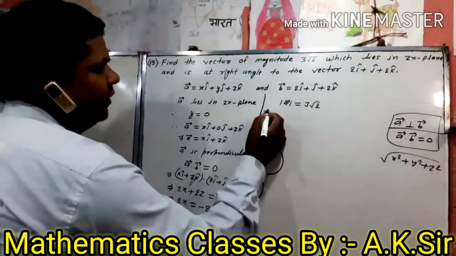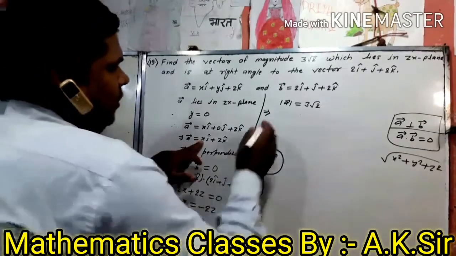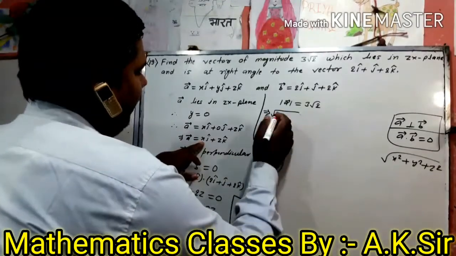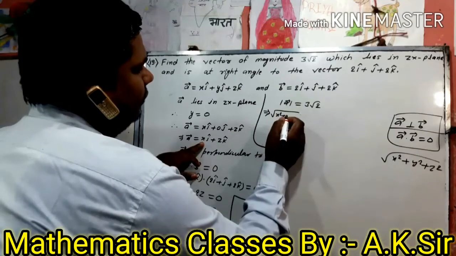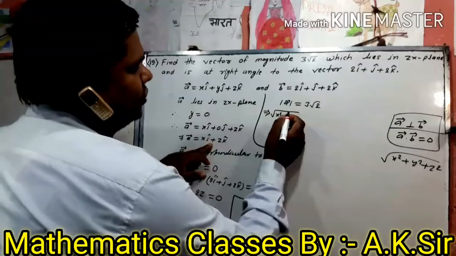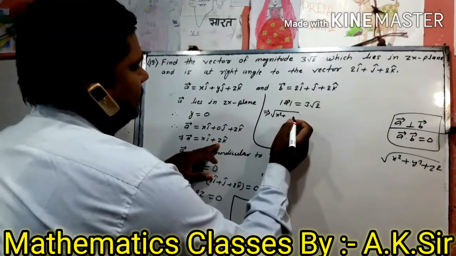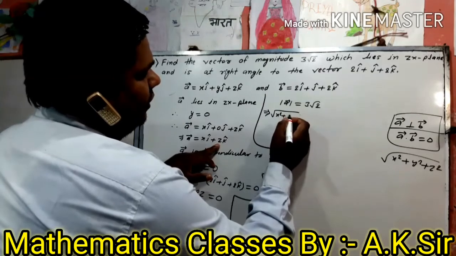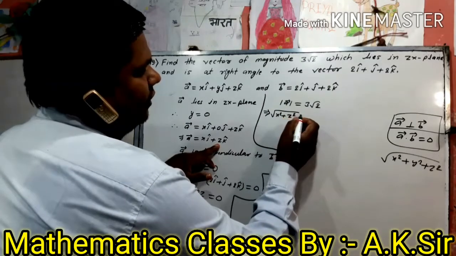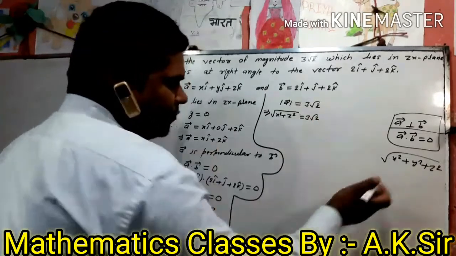It means here we can write under root x square plus, here y is not present, so 0 square, next term is z, so z square, is equal to 3 under root 2.